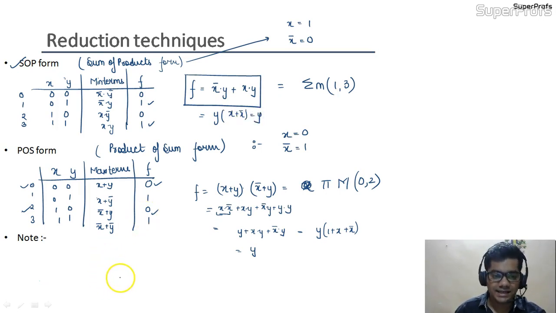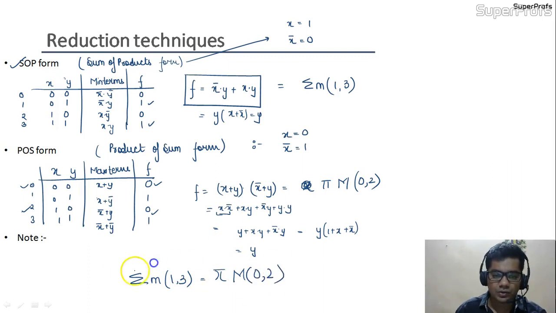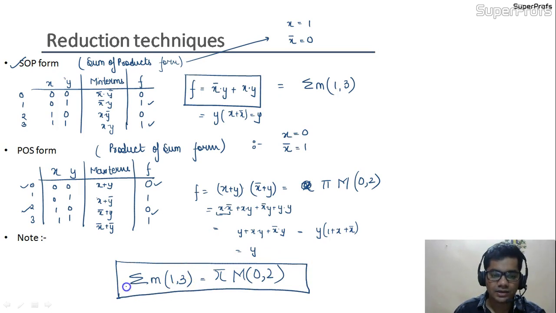So we can see that sigma of minterms 1 comma 3 is equal to the product of maxterms 0 comma 2. This is a very important expression related to the SOP and POS forms. The terms which are not included in the minterms would be our maxterms.